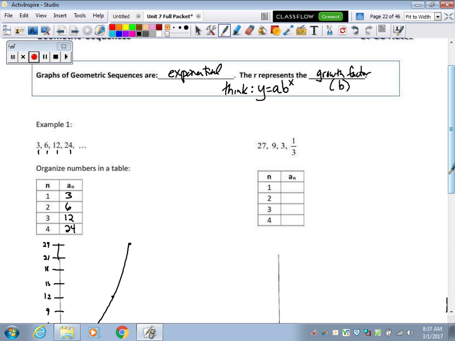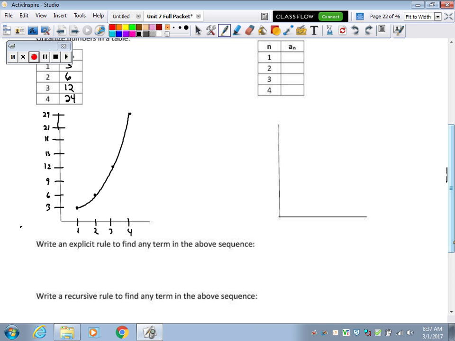Can you see how that's pretty much the same as a_n equals a_1 r to the n minus 1? Same format. So how would you write the rule for this? Let's first think about exponentials. Just think about our old stuff: y equals a times b to the x.